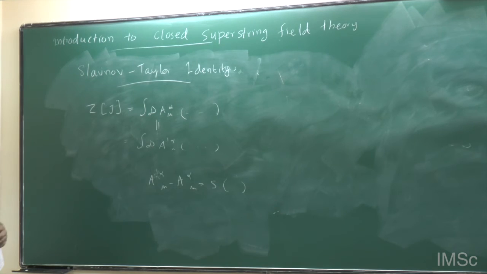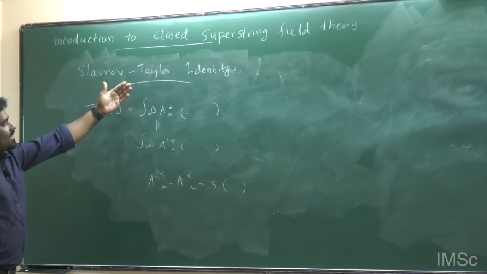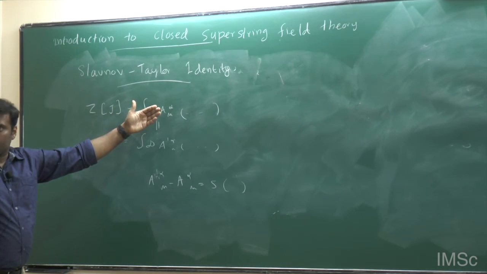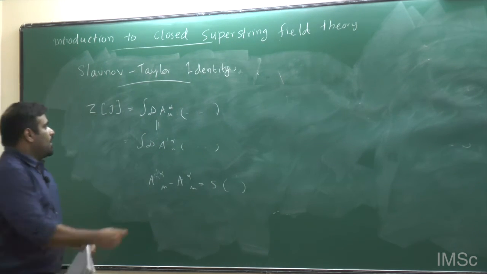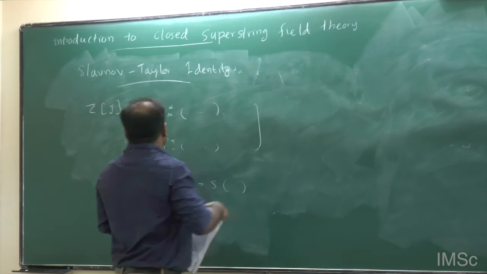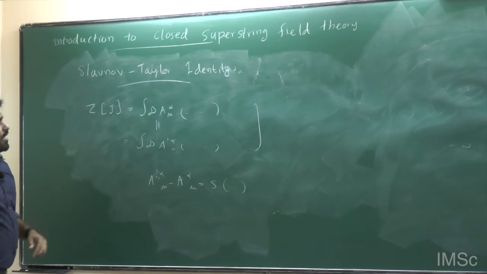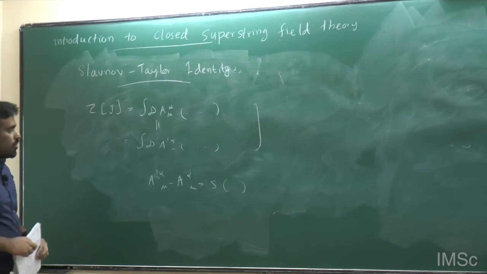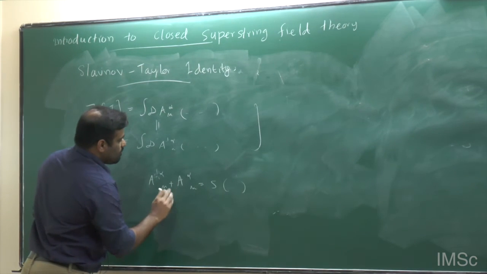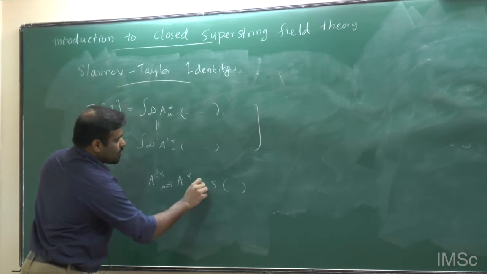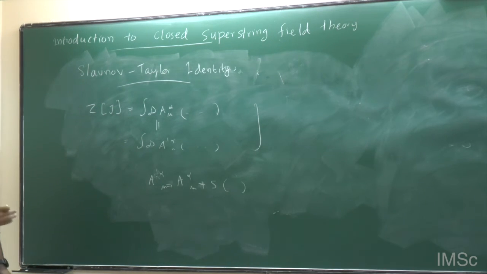So it's clear that the generating function has a BRST symmetry. These two objects should be equal, and this will give you an identity, because you know that A prime alpha mu is equal to A mu alpha plus some piece, and this can be utilized to figure out the Slavnov identity.